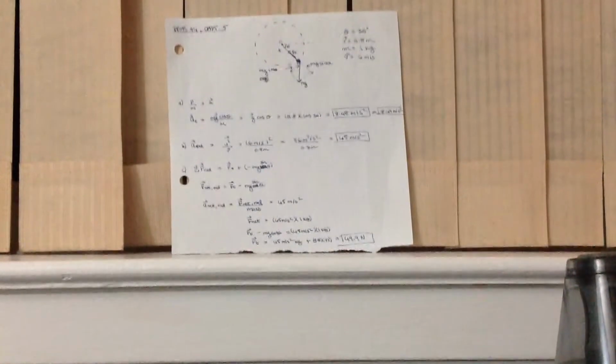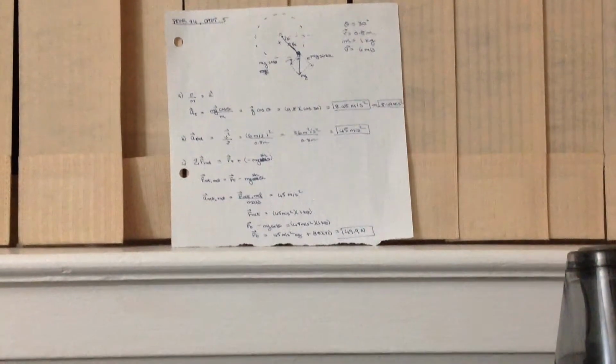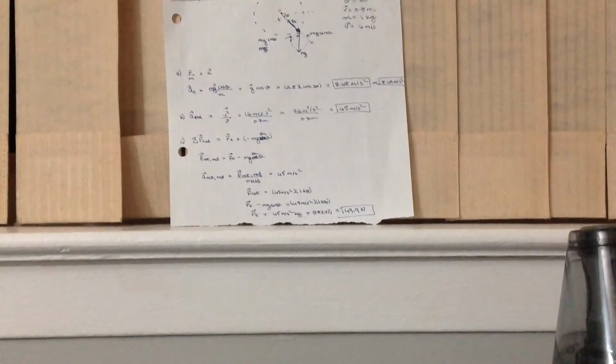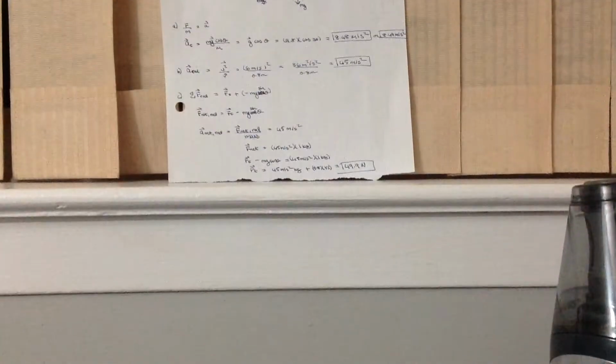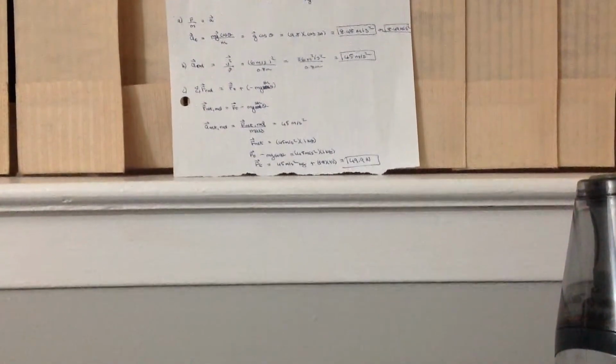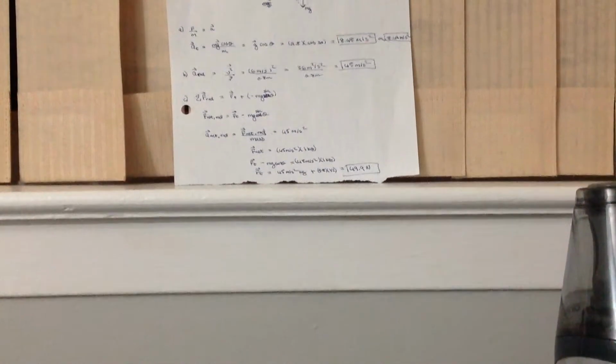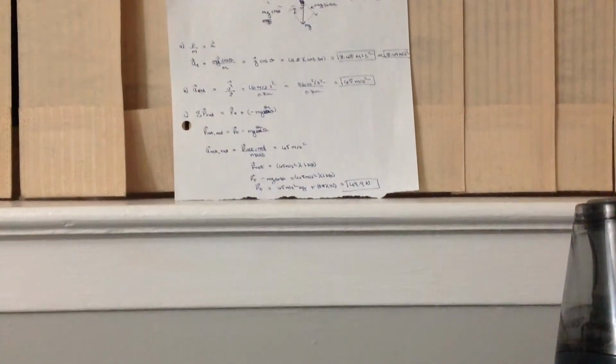So knowing these two facts, we can set up an equation: a net in the radial direction is equal to force net in the radial direction over the mass, which we know to be 45 meters per second squared. So force net in the radial direction would be 45 meters per second squared times the mass, which is 1 kilogram. And we know force net is equal to force tension minus mg sine theta.